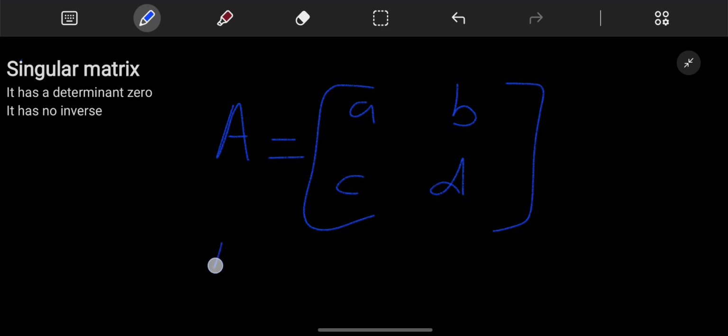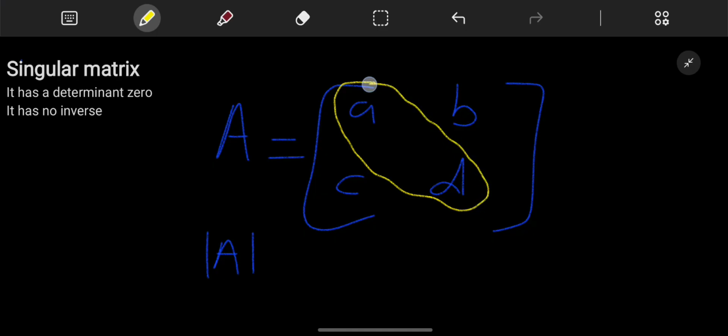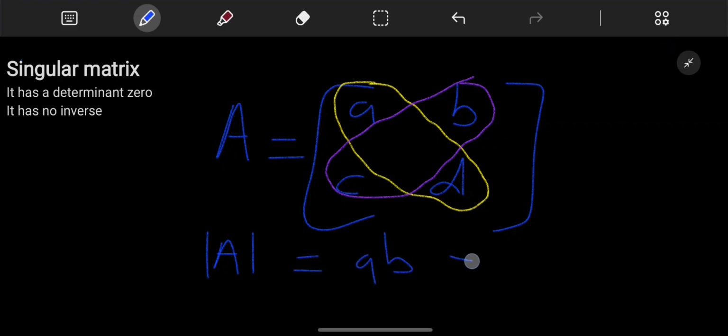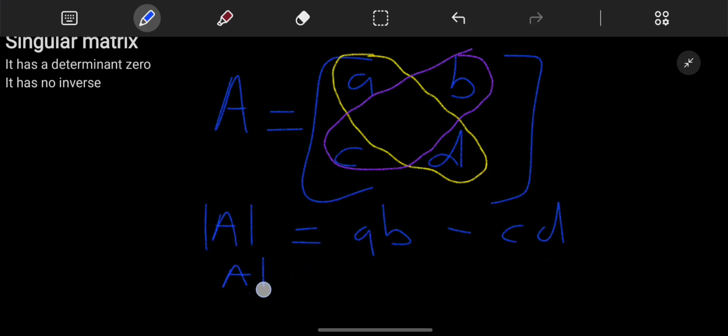To find the determinant of matrix A, we find the product of these numbers and subtract it from the product of these numbers. So the determinant will be ab minus cd. And if this determinant is equal to 0, that matrix is called a singular matrix.